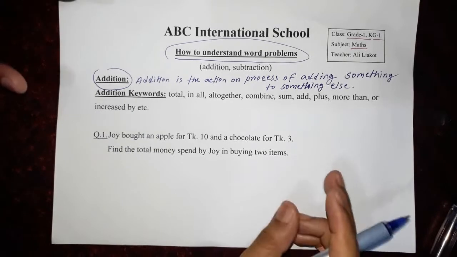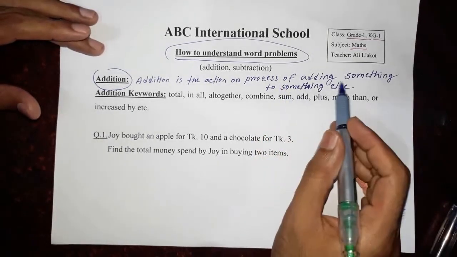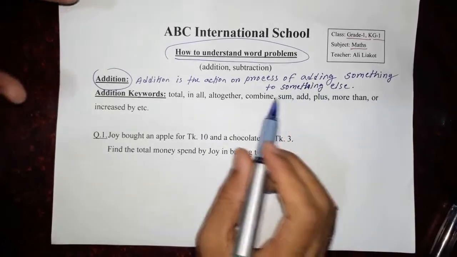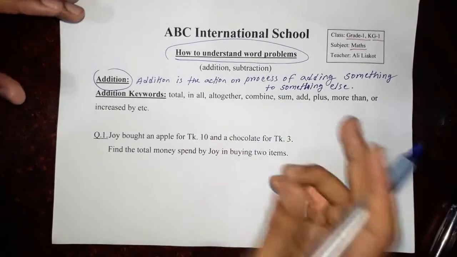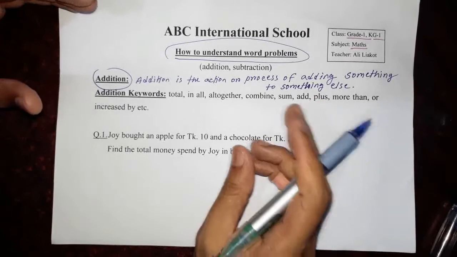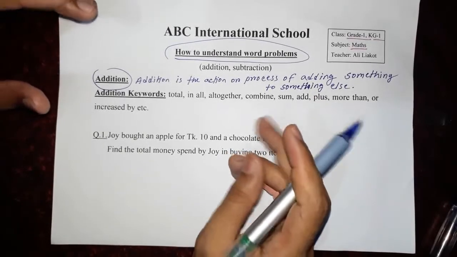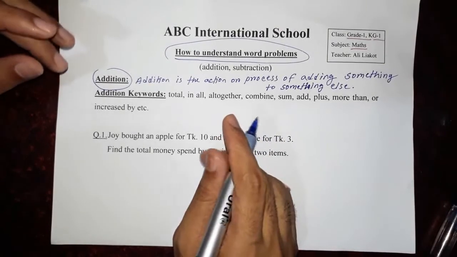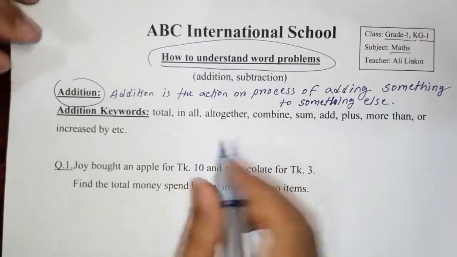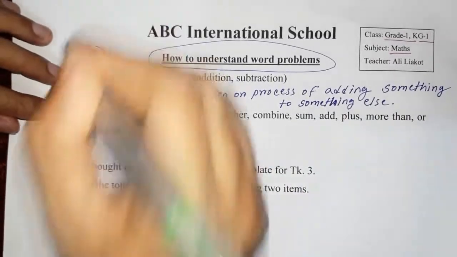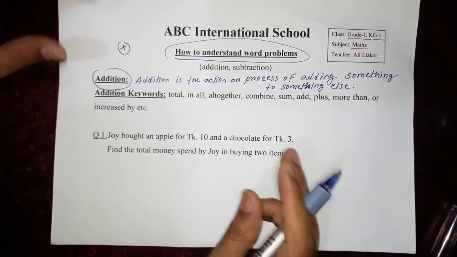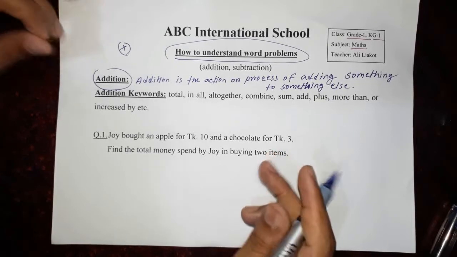Addition is the action or process of adding something to something else. Even we can say addition is the process of calculating the total of two or more numbers or amounts. So if I ask you what is the symbol of addition, yes, you are absolutely correct. Addition symbol is plus, and the plus sign is used to denote an addition.